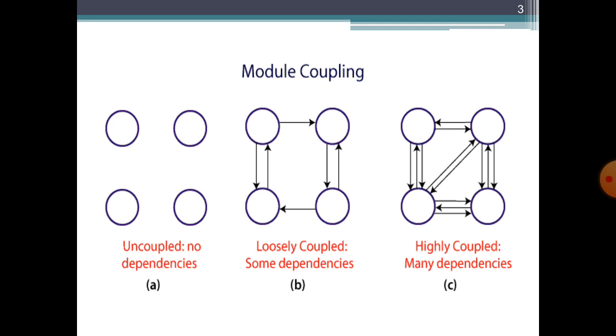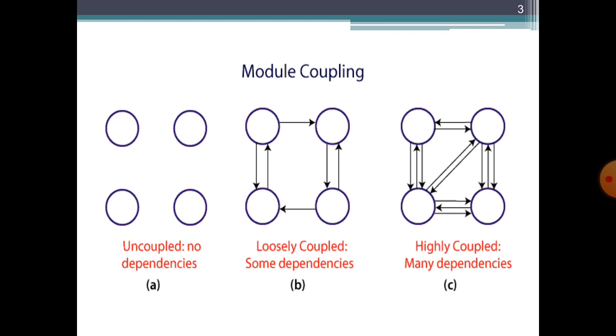Uncoupled modules have no interdependence at all. So your modules should have minimized coupling, which depicts a good design direction. Different types of coupling will be discussed in a later part.